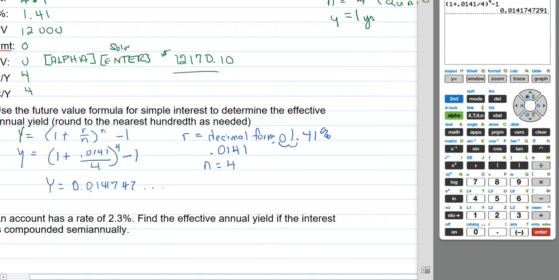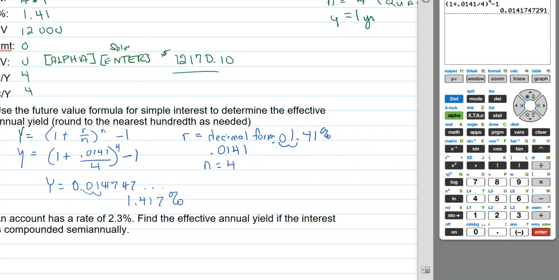So I'm going to move my decimal over 1, 2, so I know it's 1.41, because that's what I started with, and add the 7 and do a percent. Always one more than the number of decimal places that you have.